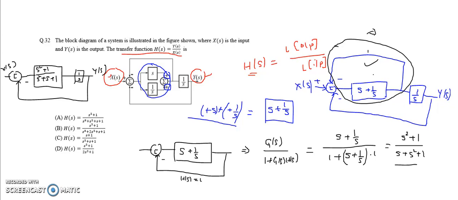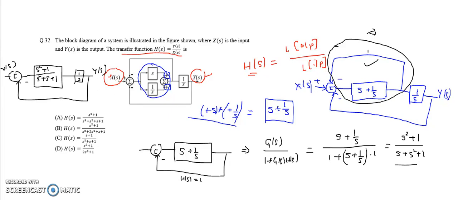So this entire block diagram can be represented like this. See here, (s^2 + 1)/(s^2 + s + 1) is the reduced form of this part, and 1/s is already there, so I simply took the 1/s here, and here one unity negative feedback is there. I simply represented this unity negative feedback.